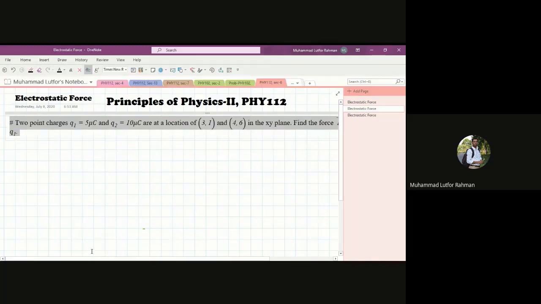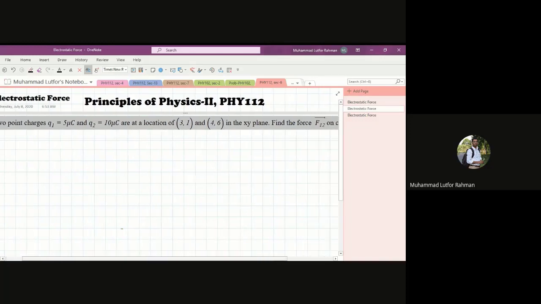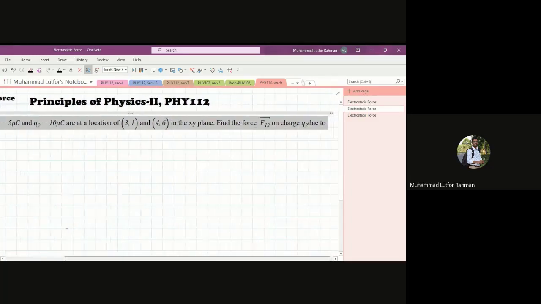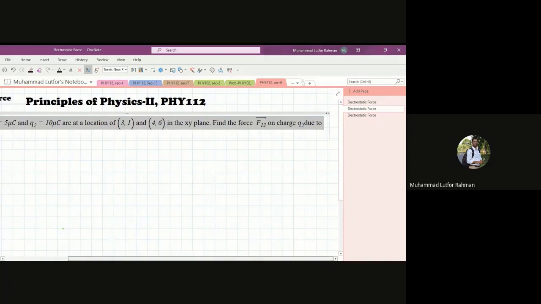Two point charges, Q1 is 5 microcoulomb and Q2 is 10 microcoulomb, are located at (3,1) and (4,6) in the XY plane. Find the force F12 on charge Q2 due to 1.